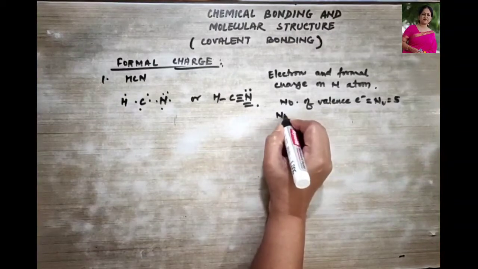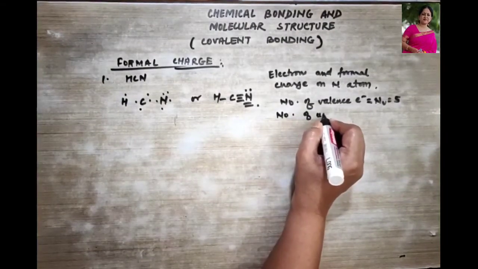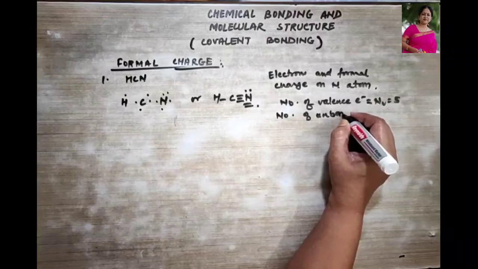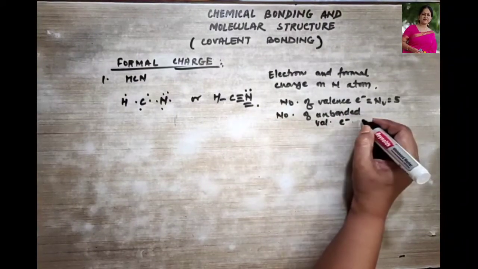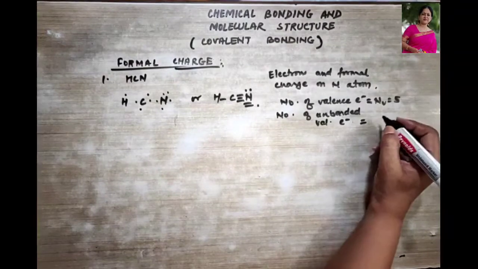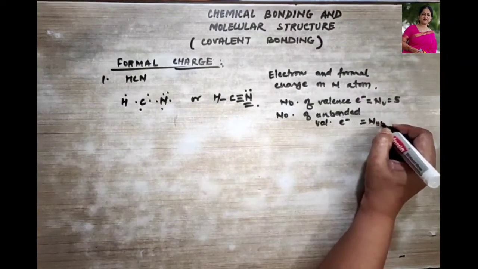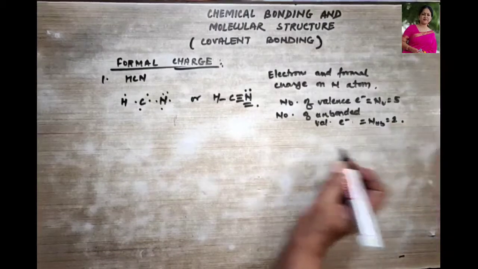Then the number of unbonded valence electrons, NUB, is equal to 2.